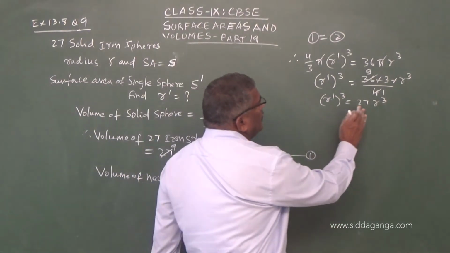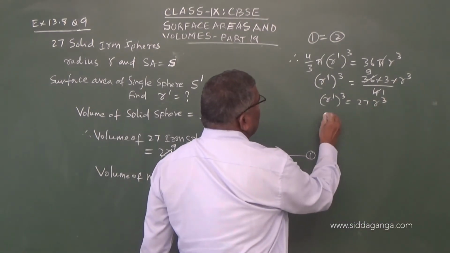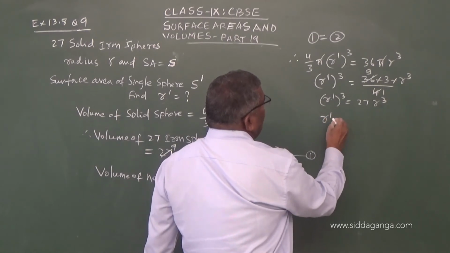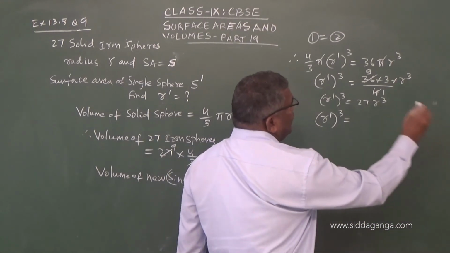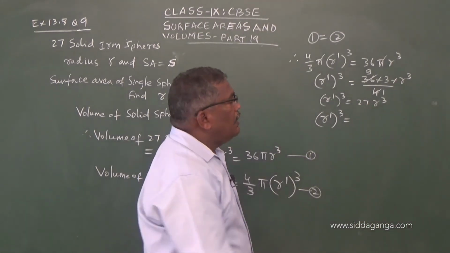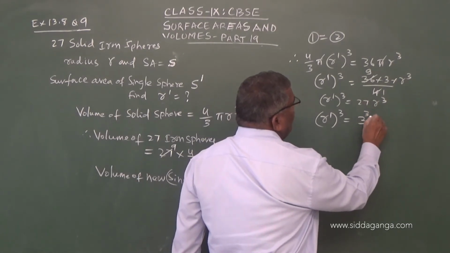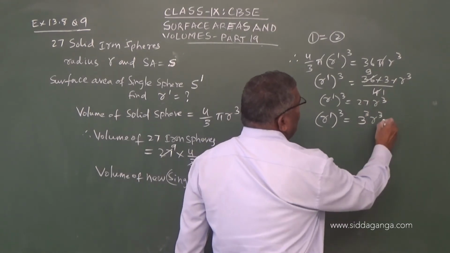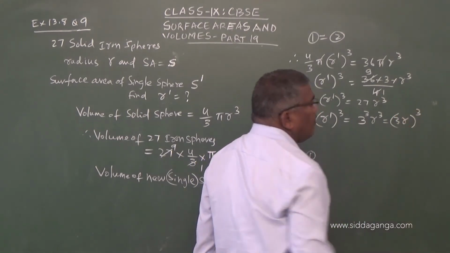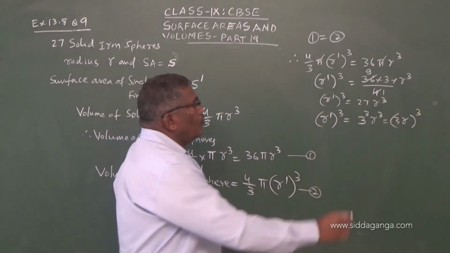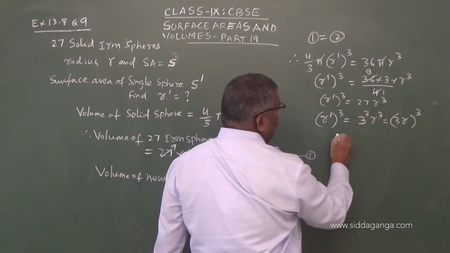So we can write it like this. Observe here, r dash cube is equal to 27 r cube, and 27 can be written as 3 into 3 into 3, 3 cube. I will write 3 cube r cube, or it is 3r whole cube. Now both sides you can take cube root and cancel the cube.